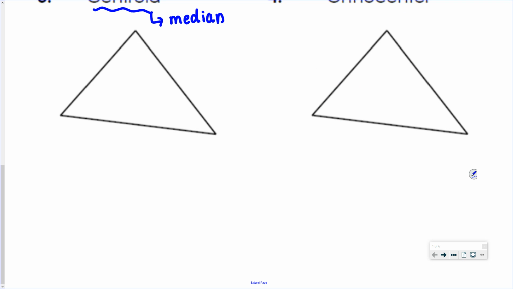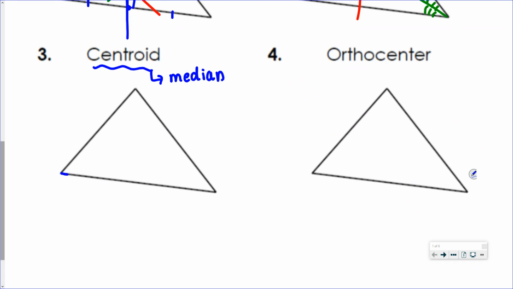Okay, so again, let's just start with this side right here. Let's try to find the midpoint. The median would be from the opposite vertex to the midpoint. It's not necessarily perpendicular. It can be, but it's that line that goes through the midpoint. I'm going to do this side next. Find the midpoint.